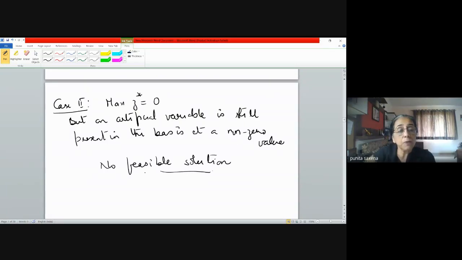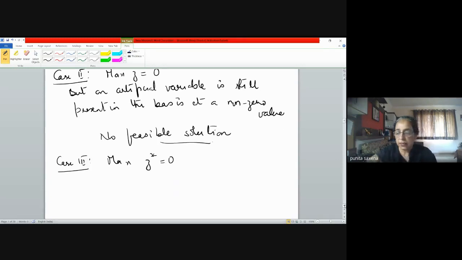The other option becomes your case 3, where you can end up with maximum Z star being 0, as we have seen is how phase 1 ends. Your maximum Z star has to be 0, but it so happens that an artificial variable is in the basis at a 0 value.